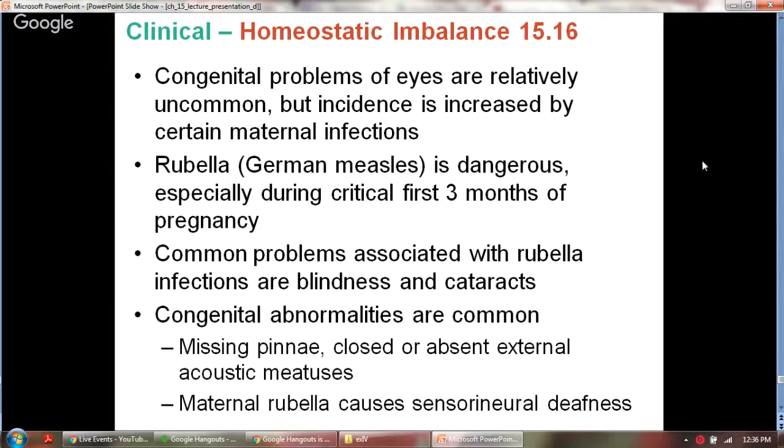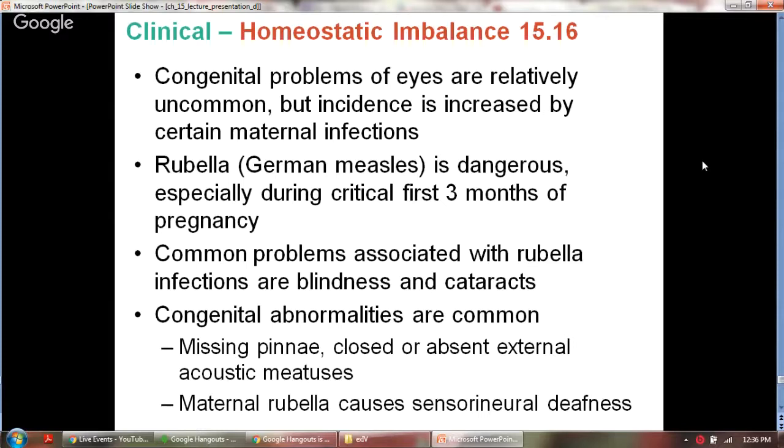Clinically, the congenital problems of the eyes and ears are relatively uncommon, but incidence is increased by certain maternal infections. Overall clinical implication for this chapter 15: rubella, or German measles, is dangerous during the critical first 3 months of the pregnancy.